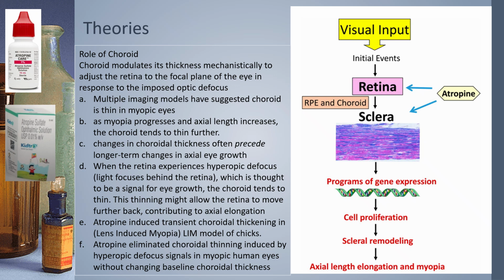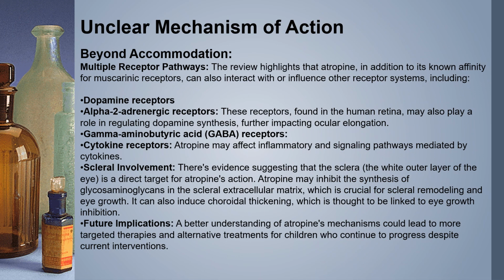So there have been multiple theories around atropine working on the sclera, working on the retina, releasing dopamine, working directly on the scleral fibroblasts, or working directly on choroidal thinning and eliminating it, thereby improving the choroidal thickness, thereby reducing the axial growth.